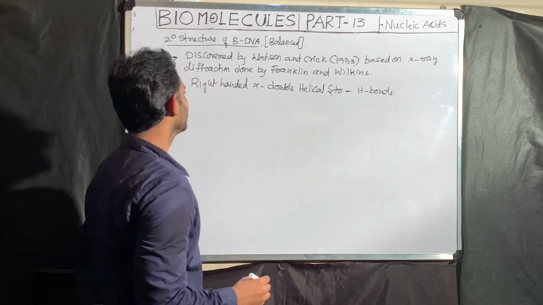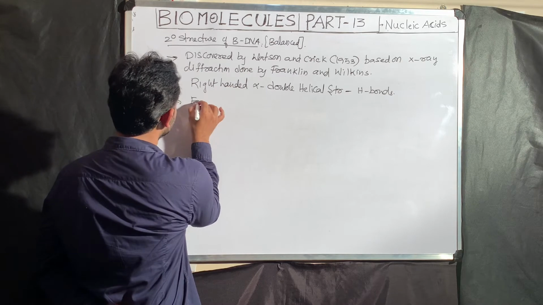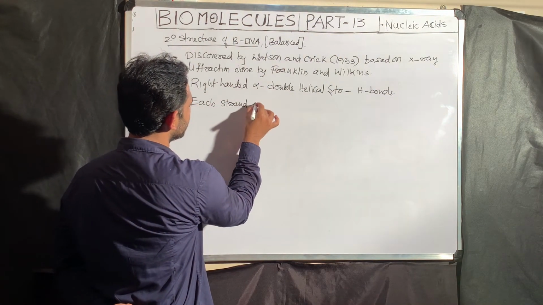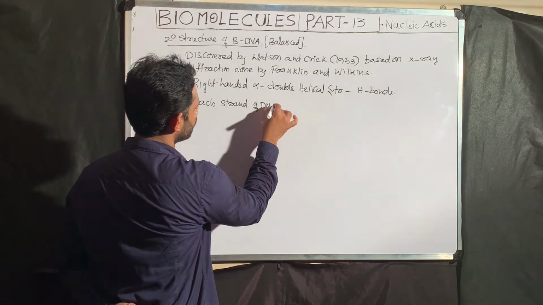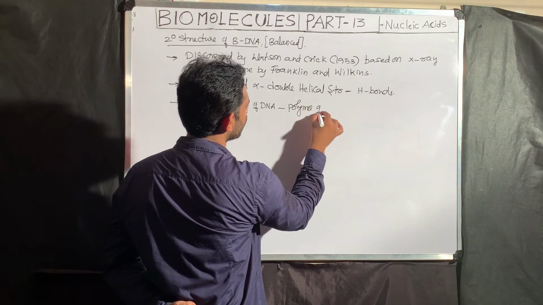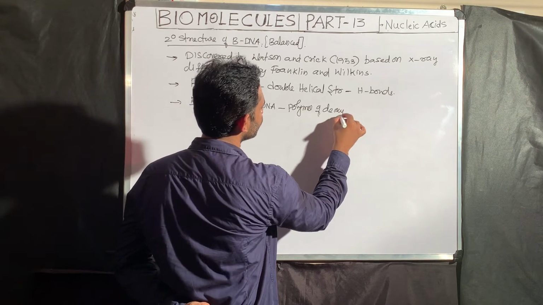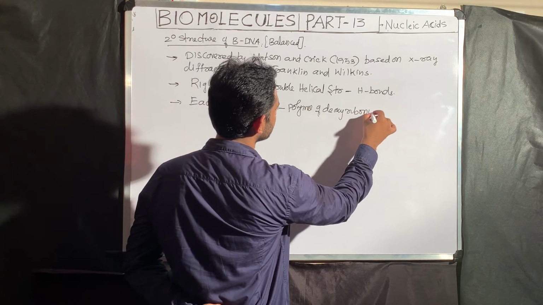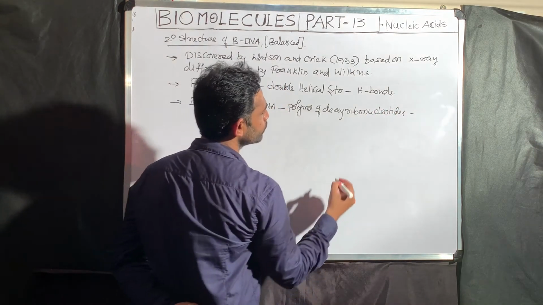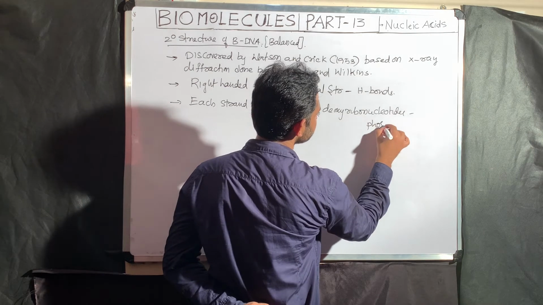If you take each strand of DNA, it is a polymer of deoxyribonucleotides linked through phosphodiester bonds.